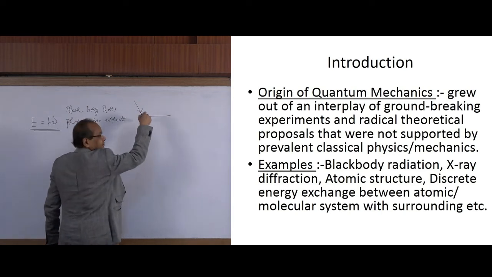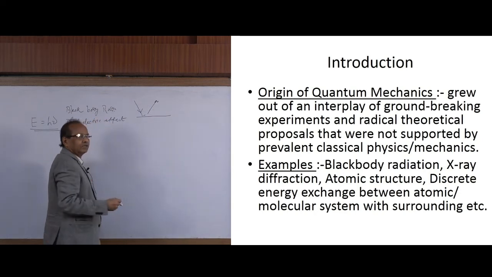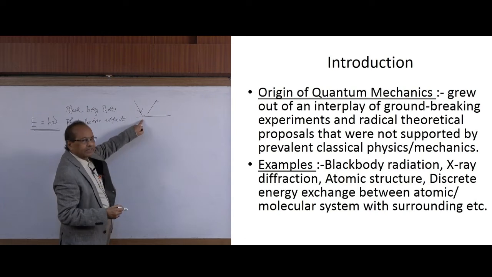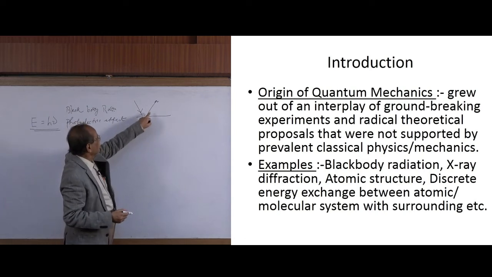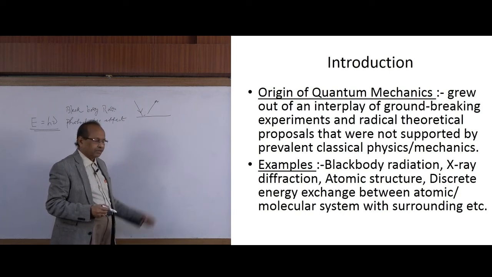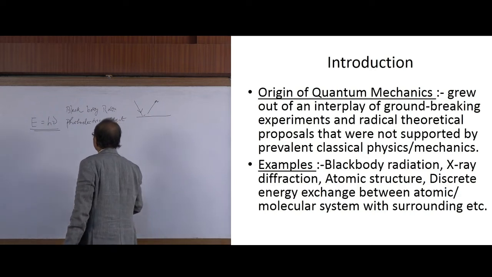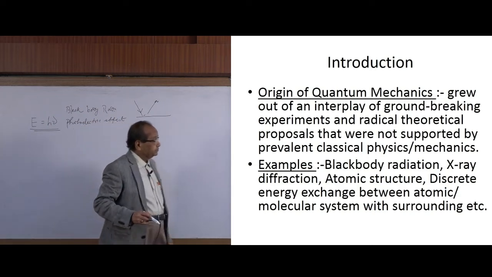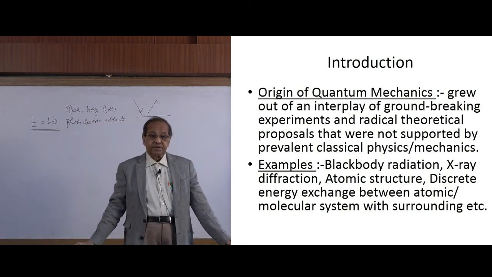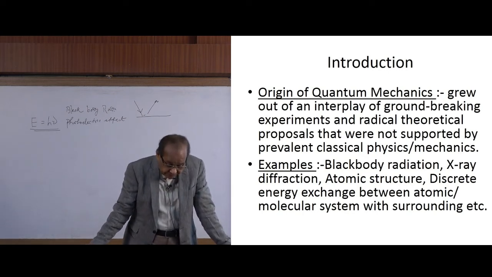So this is light, and electrons are coming out. When the light hits the surface, it emits the electron. This is a photoelectric effect. It could not be explained by the then prevalent idea in physics. So again, this is a jerk in the principle of the classical physics.